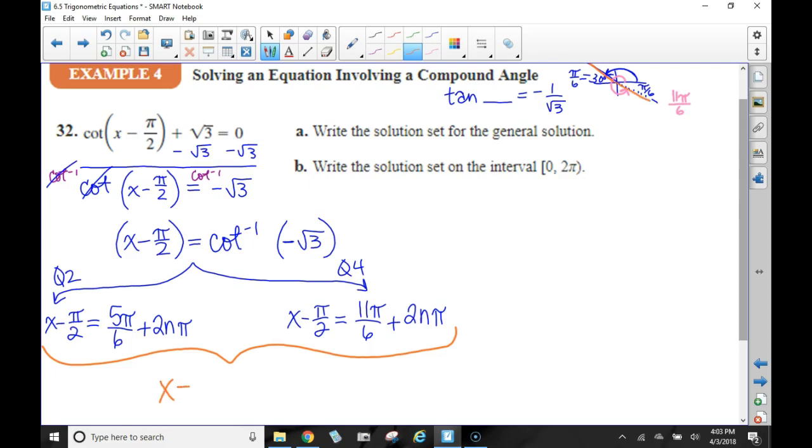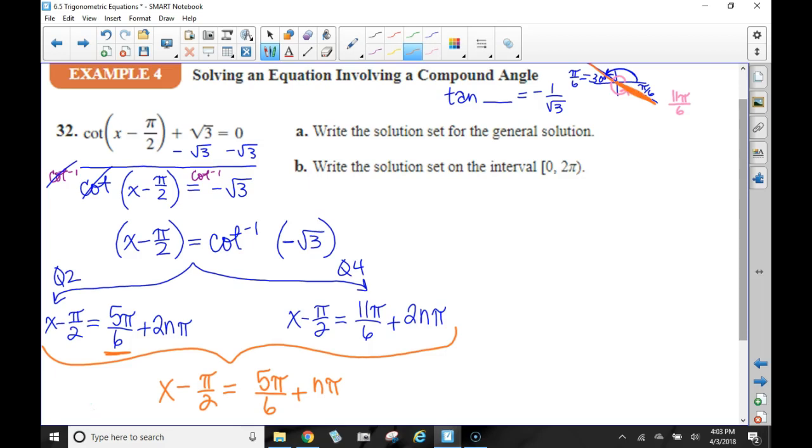We could say x minus pi over 2 equals, let's just do this one, 5 pi over 6. But we're going to just say plus n pi, right? And that plus n pi takes care of also this angle down here in quadrant 4.